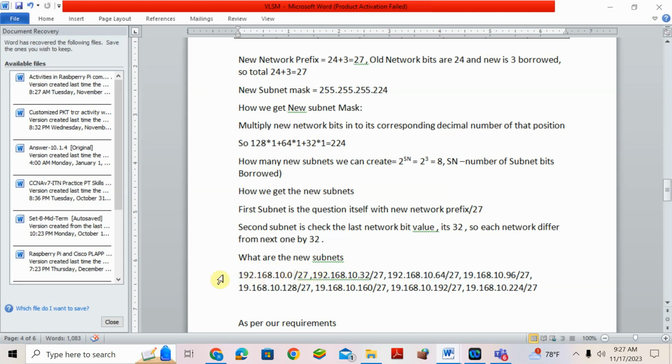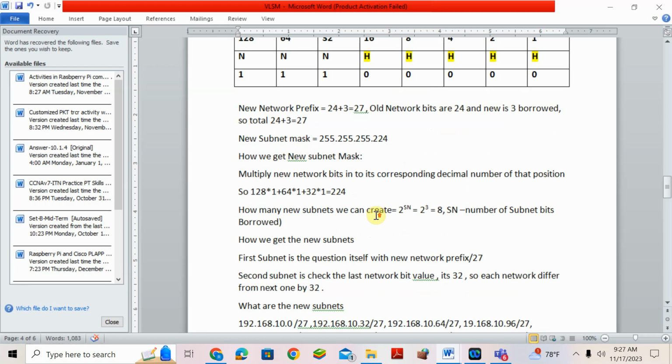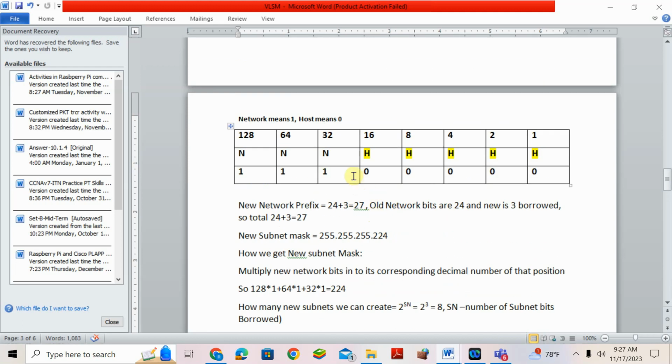The first one I understood, 192.168.10.0, from where I started, same thing. How did you get this 32? It's an easy method. What is the last bit of network? This is the first network bit, 128. Second one, 64. The last network bit is position 32.